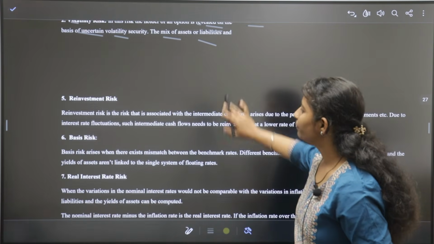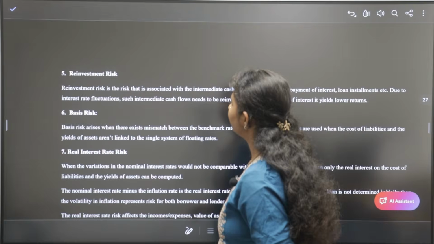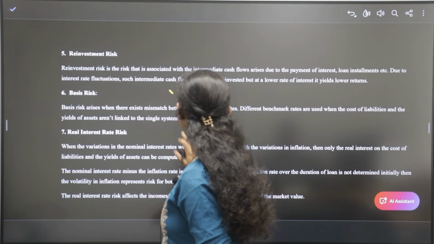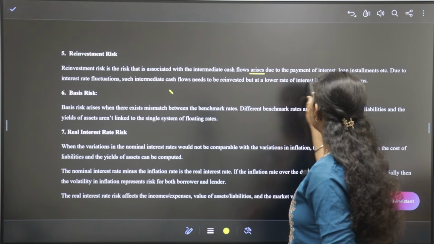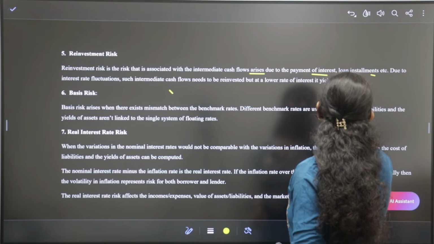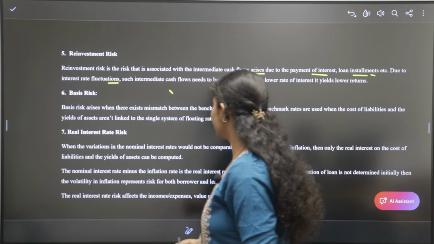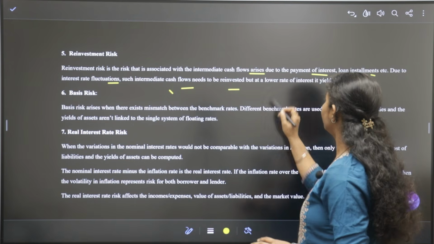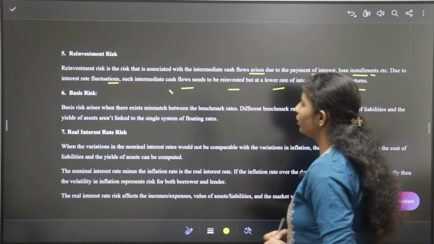Next point we have reinvestment risk. Reinvestment risk is the risk associated with the intermediate cash flow that arises due to payment of interest, loan installments, etc. Due to interest fluctuation, such intermediary cash flow needs to be reinvested, but at a lower rate of interest it yields lower returns.